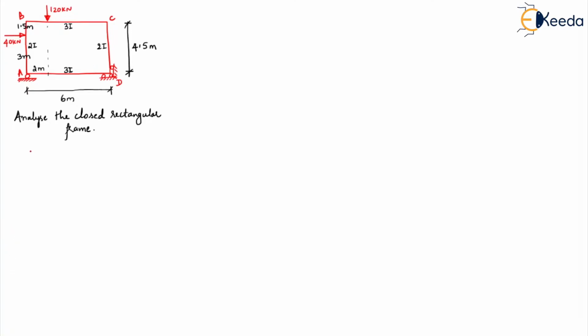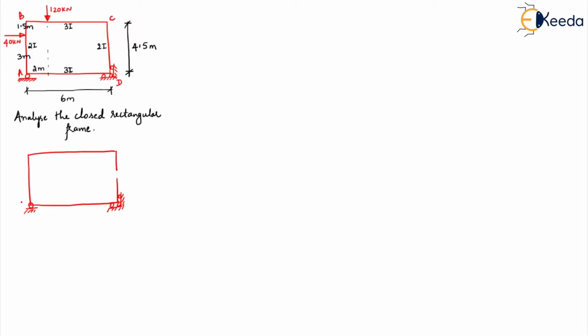First is to make the structure into a basic determinate structure, for which I am giving a cut in the member CD like this. This is the roller. This is where I am giving the cut.